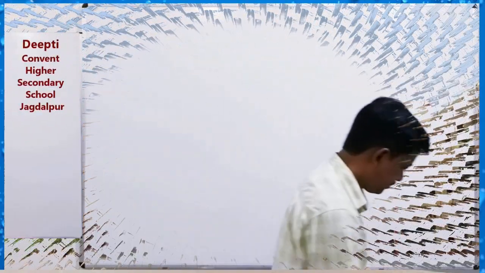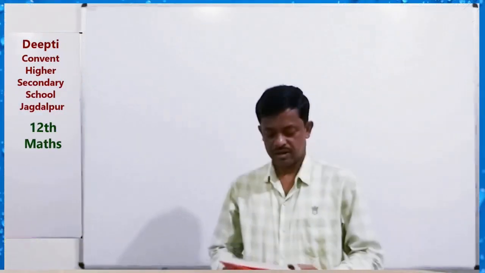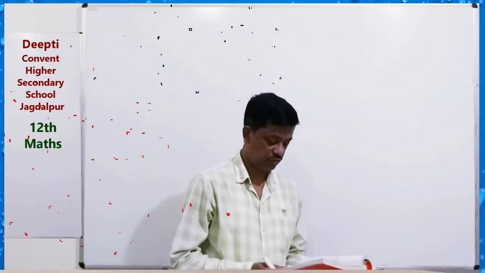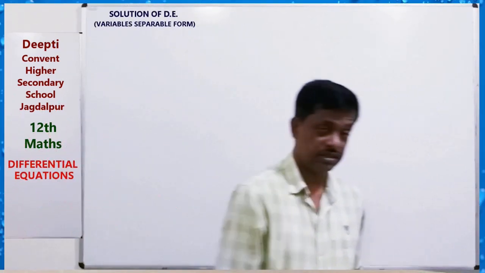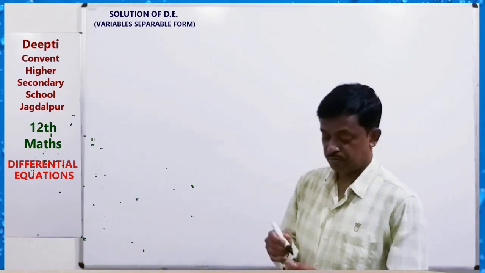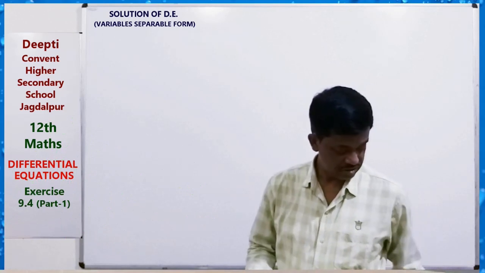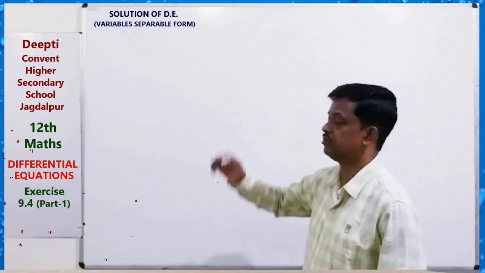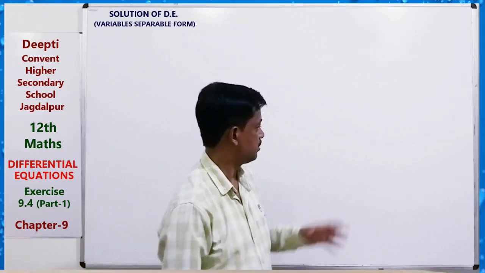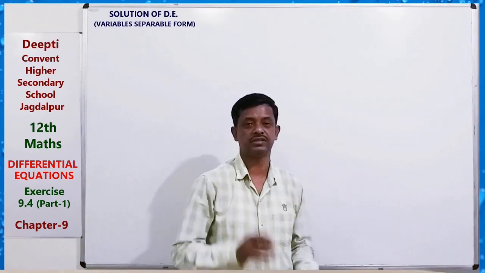Hello dear students, now I am starting exercise 9.4, where we will discuss the methods of solving differential equations. In 12th class there are three types of differential equations, first order, first degree.